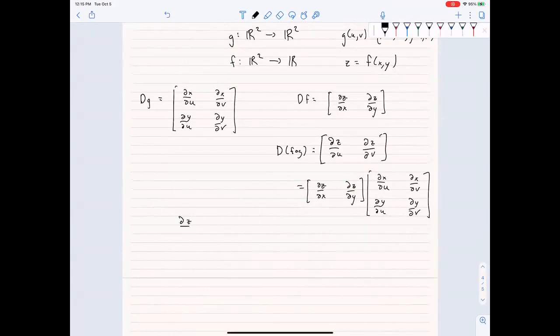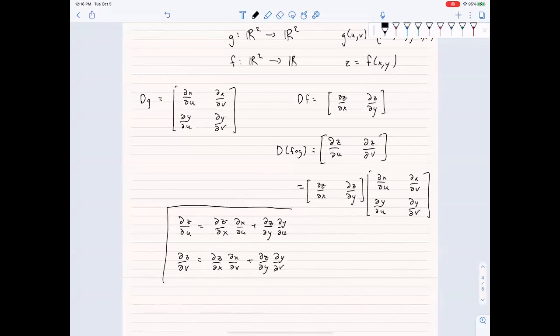Del z del u is going to be del z del x, del x del u, plus del z del y, del y del u. And similarly, del z del v is going to be del z del x, del x del v, plus del z del y, del y del v. This is this version of the generalized chain rule.